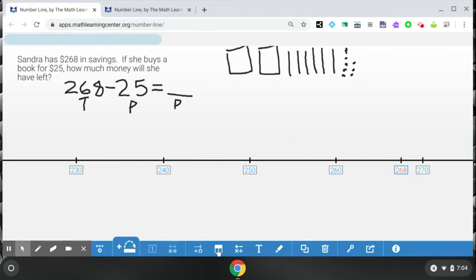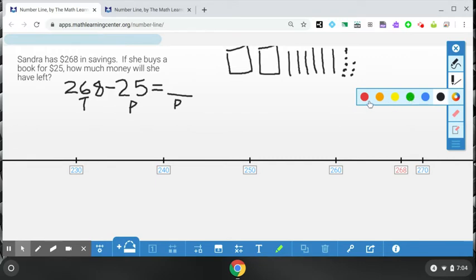And when we do our base 10 blocks, we would cross out our 2 tens and our 5 ones. We could do that, and we would see that would look like two 10s and 5 1s.